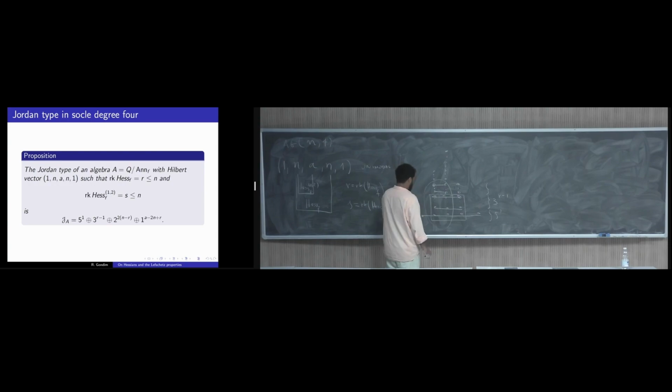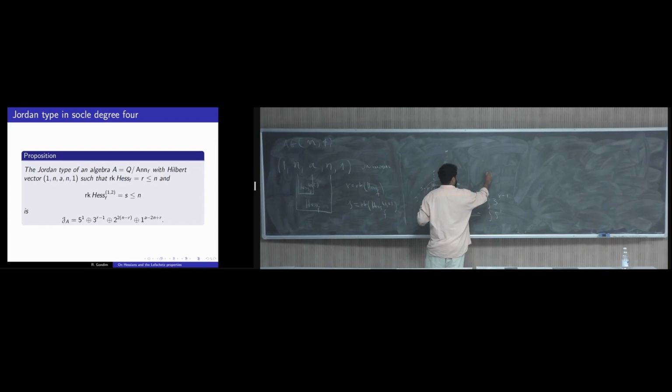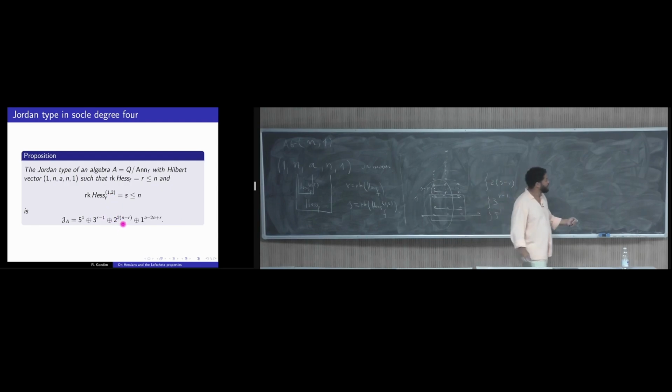S in this way. S minus R here, S minus R. And by symmetry, we also have S minus R here, 2 times S minus R. There is a misprint. It is S minus R.